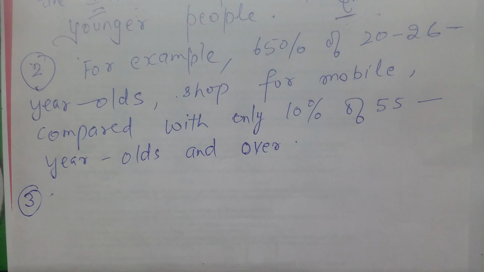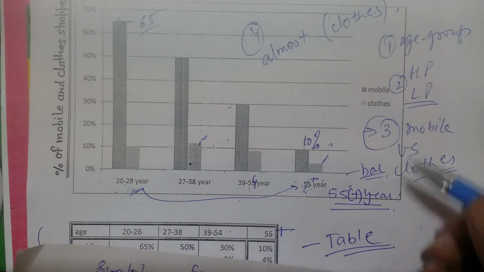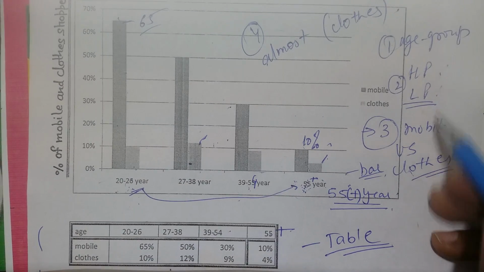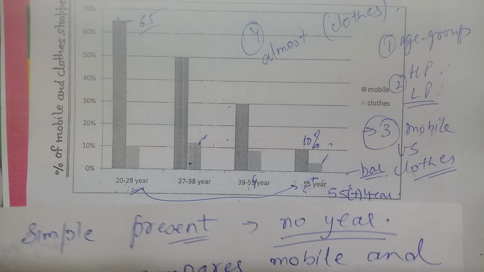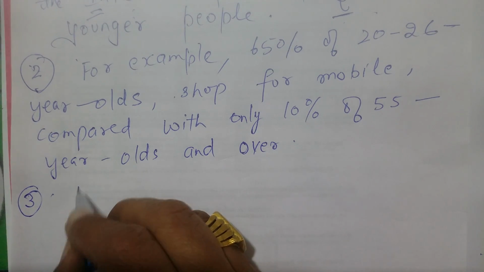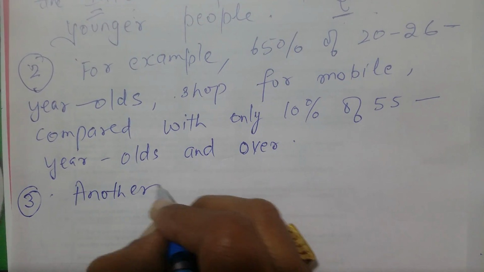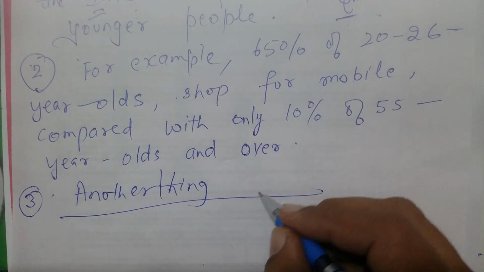These are only sentences please. Now what I'll do, I'll compare this one, mobile versus clothes. So let's write a sentence here. Another thing to be noted here, this is separate please.